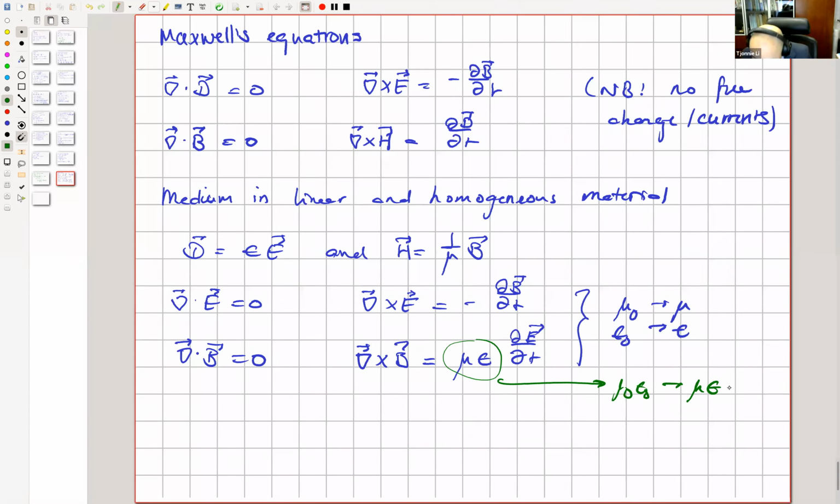And so we end up having the same wave equations, except that the wave velocity changes.